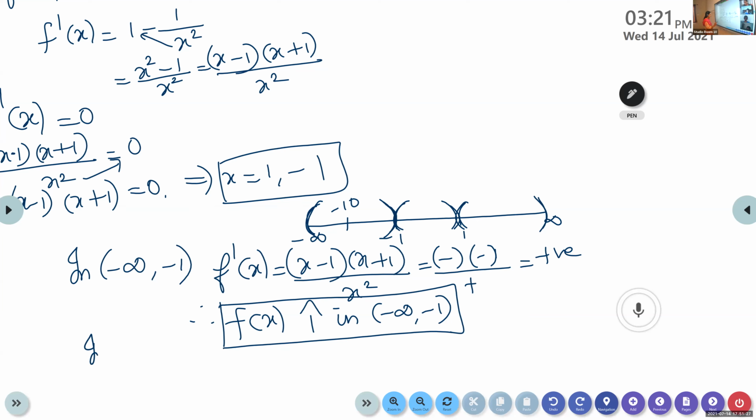In the same way, you take the next interval. Which is the next interval? Minus 1 to 1. So in the interval minus 1 to 1, Aryan, give a value between minus 1 and 1. 0. Very good. Whenever you have 0, you go with 0, your calculation will be easy. Look at the sign of f dash of x. What will be the sign of f dash of x when you put x as 0?